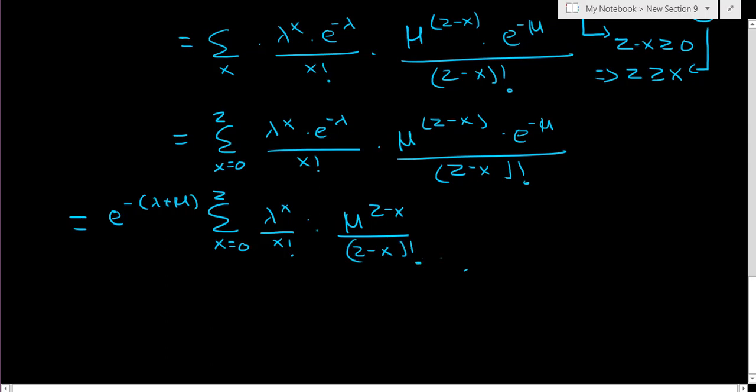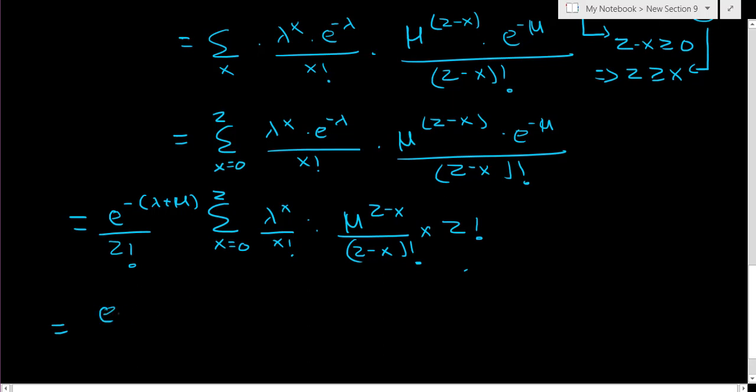Now there is a little adjustment that is required here. What I would do is multiply and divide this entire thing by z factorial. You'll get to know in the next step why I did this.